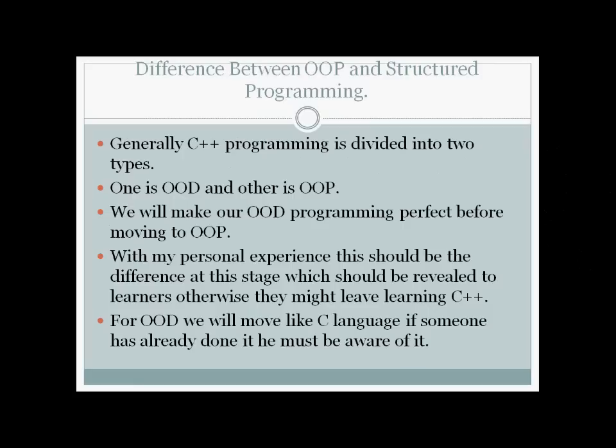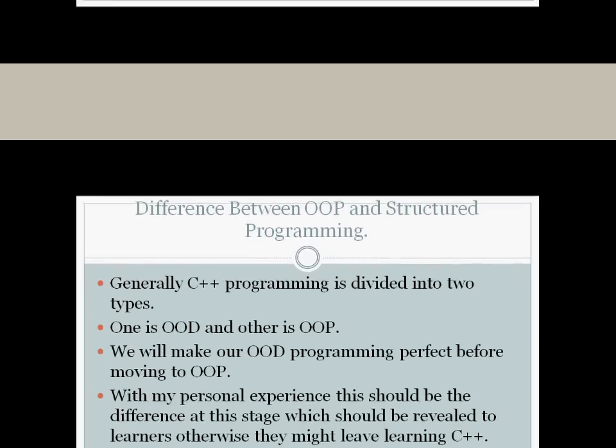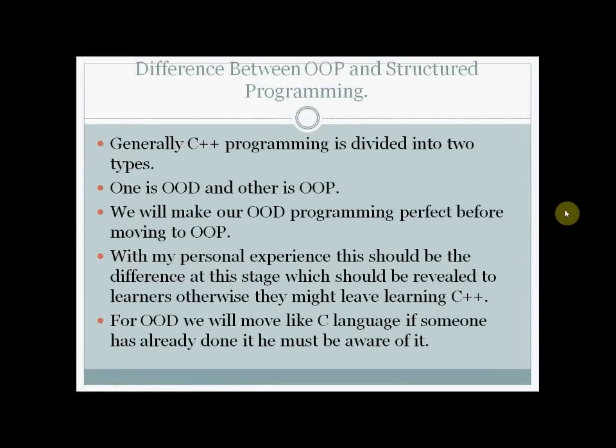Generally, C++ programming is divided into two types. One is OOD, which is object oriented designing, and the other is OOP. From my personal experience, what I also told in the beginning of this tutorial, the difference between OOP and structured programming is not really told in the beginning, and that's why I will just say that C++ programming is generally divided into two types.